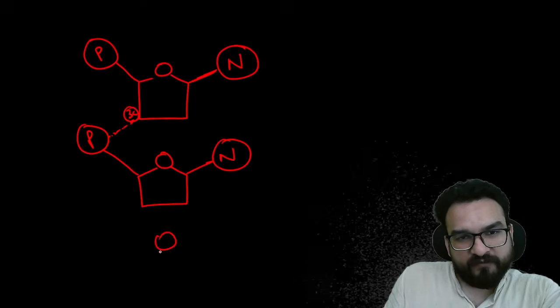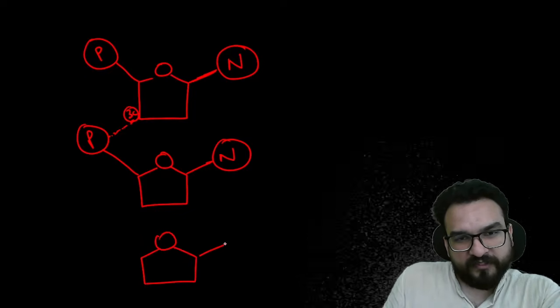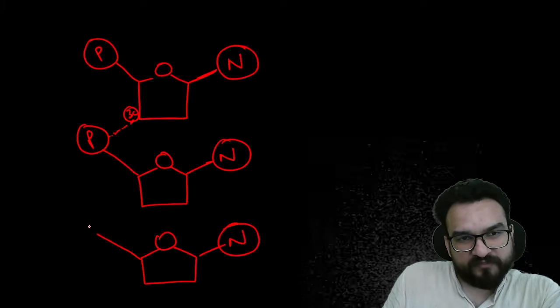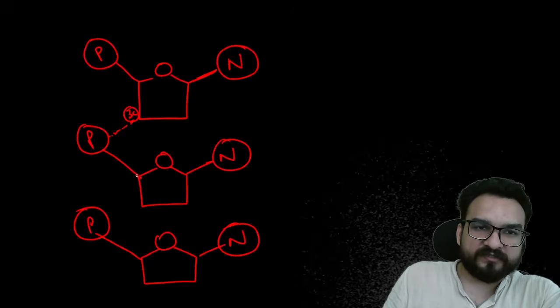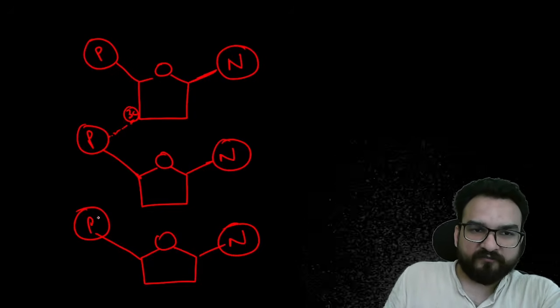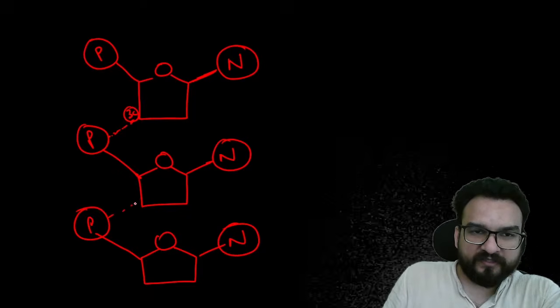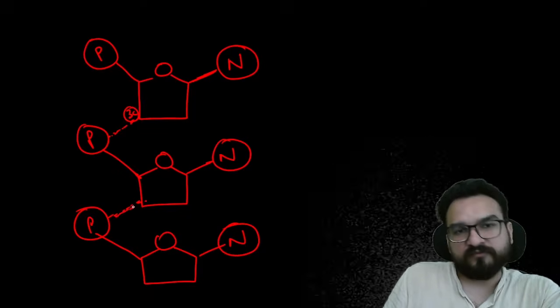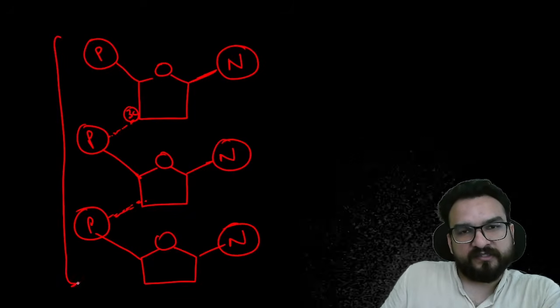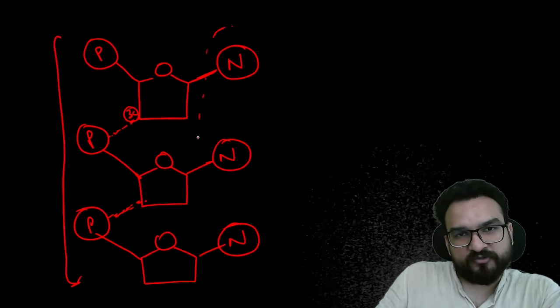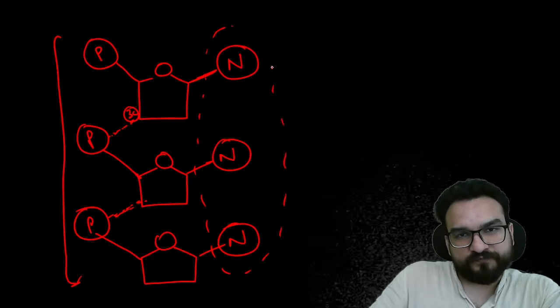Again there will be one more phosphate group and base over here, and this phosphate group will be attached like this with the fifth carbon. This is the fifth carbon, connected over here with the phosphate group to the third carbon, and then they will be attached like this with this particular group. This is forming your backbone, and these are your nitrogenous bases over here.